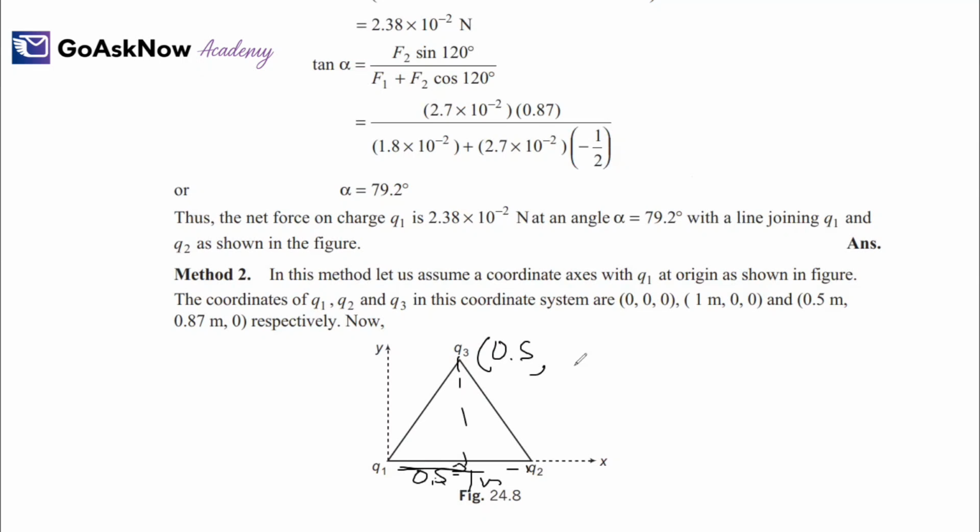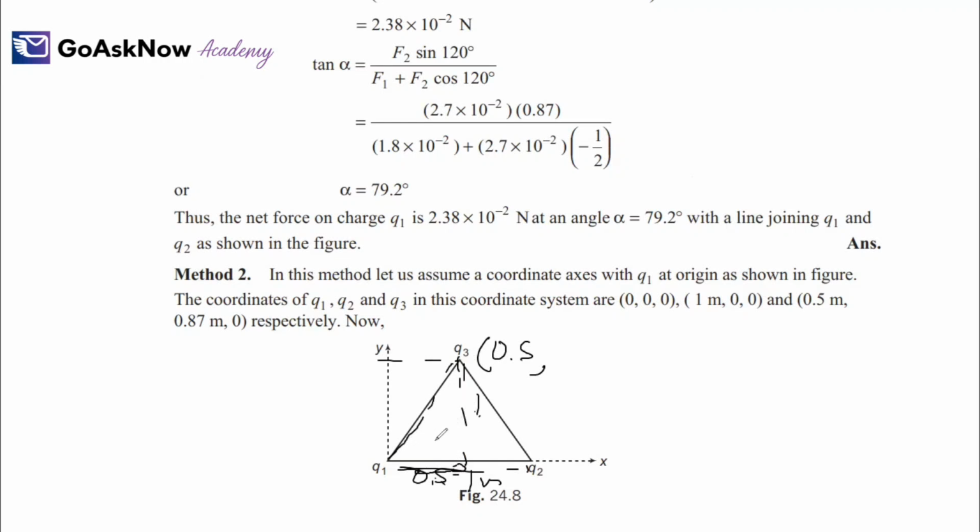And how to find the y coordinate? You have to just find the y coordinate here, and it was already given here that it is 0.87 meter. Okay, if you find this distance by Pythagoras theorem, one side is 0.5 and this distance is 1.